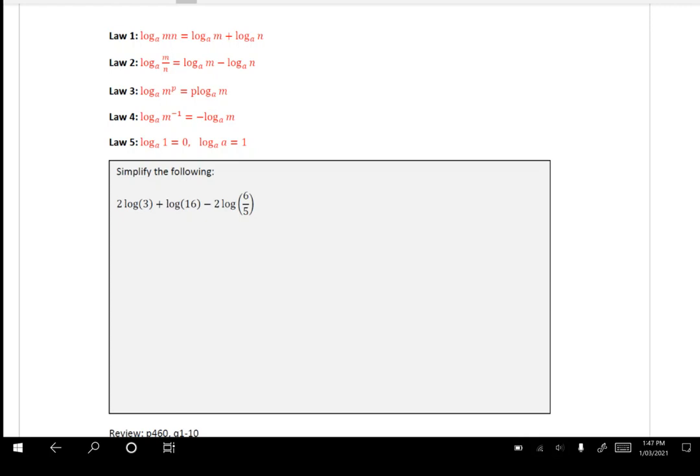Okay, we want to simplify the following. What base are all of those in? 10. So, let's go to simplifying. I'm looking at that first one first. 2 log 3. What can I do with that 2? Yeah, make it a power.